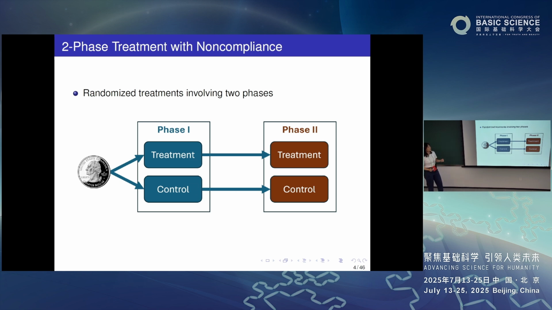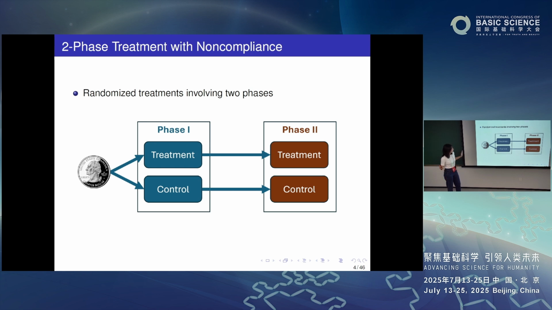This is because we want to avoid fade out. Let's say the treatment has a benefit on the outcome; we hope to reinforce this benefit by taking the treatment again. This is the basic idea of multi-phase treatment assignment.